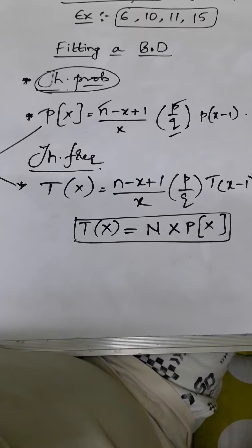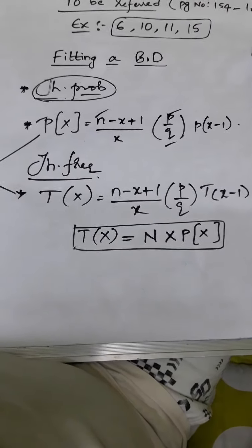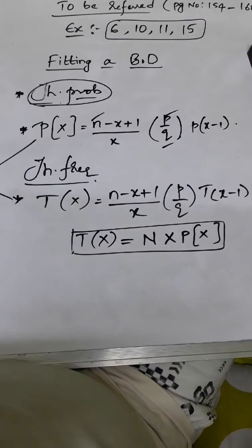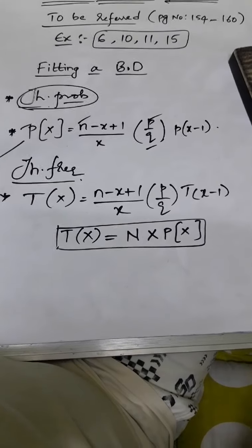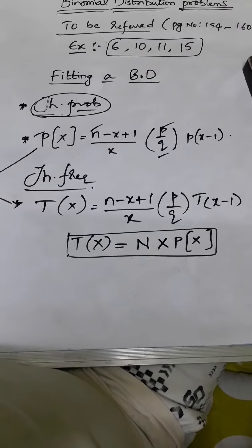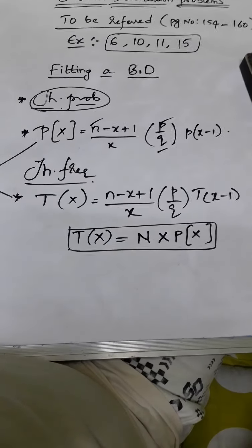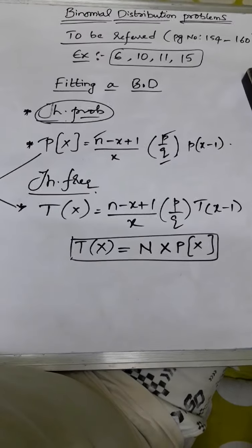For finding theoretical probabilities, P of x equals n minus x plus 1 by x into p by q into P of x minus 1. For finding theoretical frequencies, T of x equals n minus x plus 1 by x into p by q into T of x minus 1. Here T of x is nothing but the total frequency capital N multiplied to each and every probability.